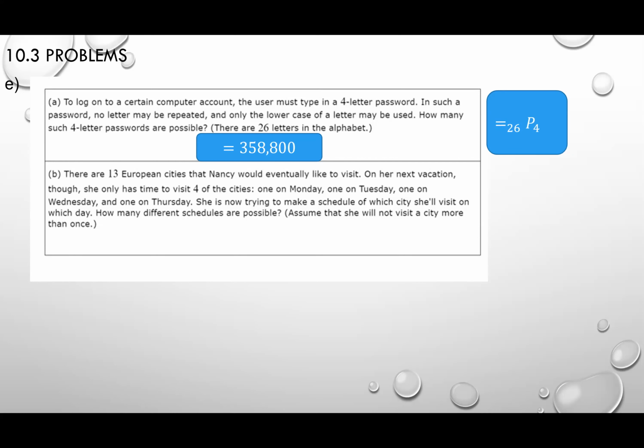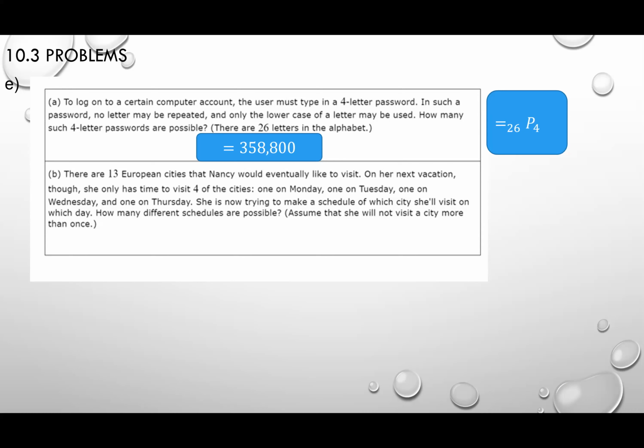Let's say she visits Paris on Monday. I agree that she doesn't visit Paris on Tuesday and she visits London on Tuesday. But because you have to put them in a schedule, there is some order involved. It's not like you have 4 cities and you can just visit any city on any day.